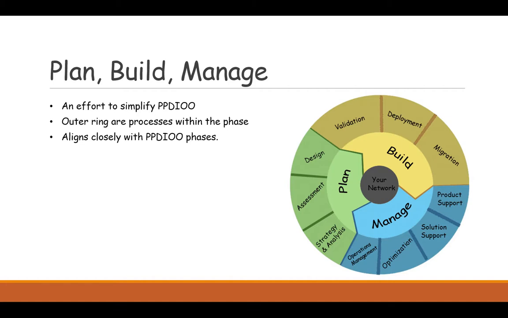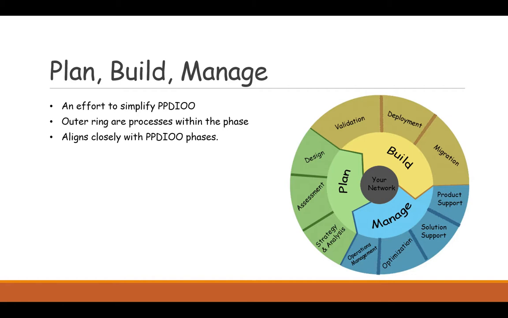You can certainly see, I'm sure, how the processes align closely with the PPDIOO counterpart. I really feel Cisco did a great job with developing this lifecycle. I know I'm not actually receiving any kickback from Cisco for any of this, but it just feels more intuitive and like something that's simple enough to follow, but with enough detail to give you a strong sense of structure.